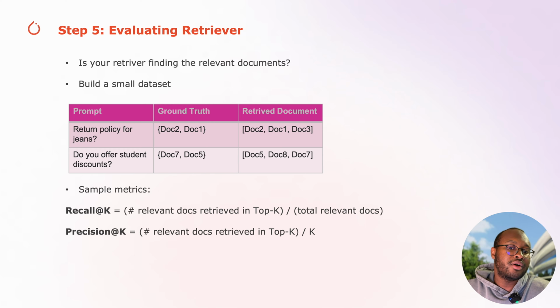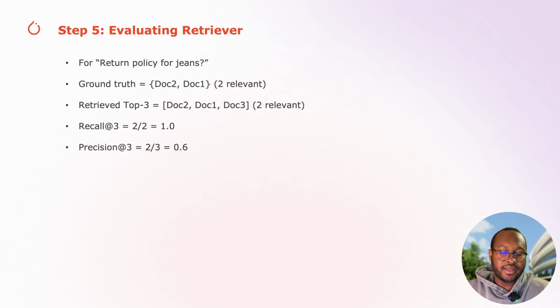Precision is the number of relevant documents retrieved in top K divided by K. Let's see a simple example. Let's say for the sentence return policy for jeans, this is the ground truth. Retrieved documents are document 2, 1, and 3. Recall is going to be, from the previous formula, 2/2. Precision at K is 2/3.